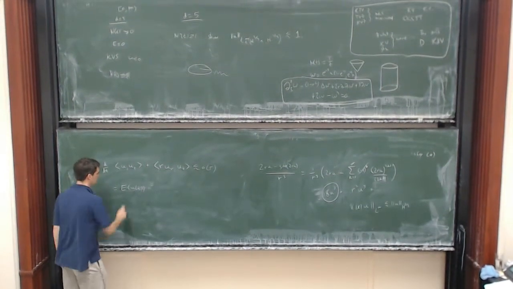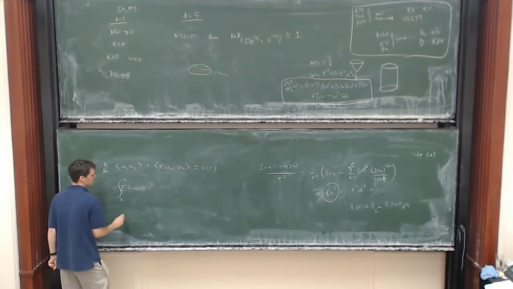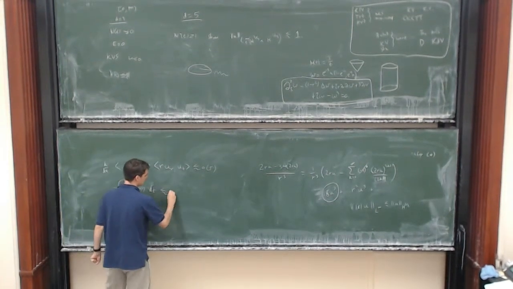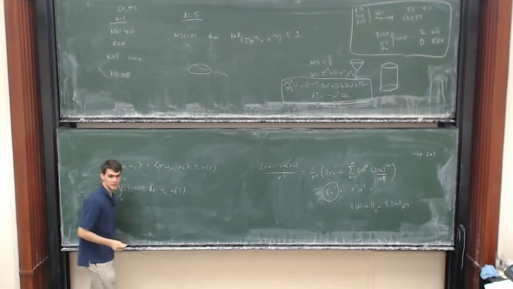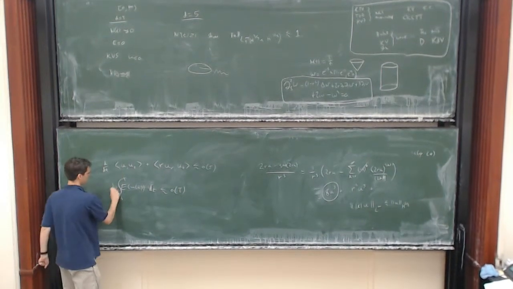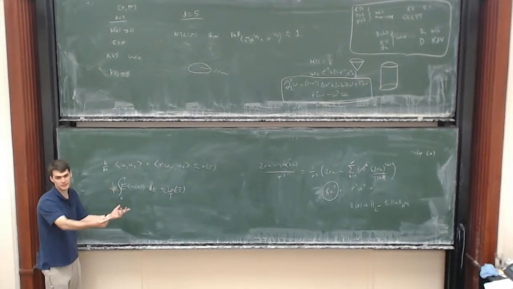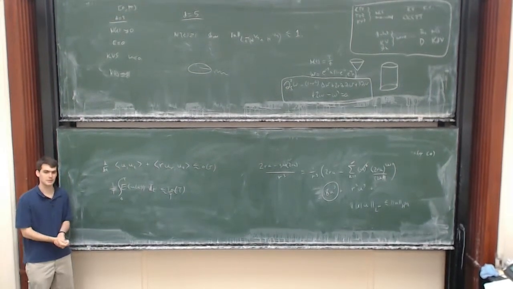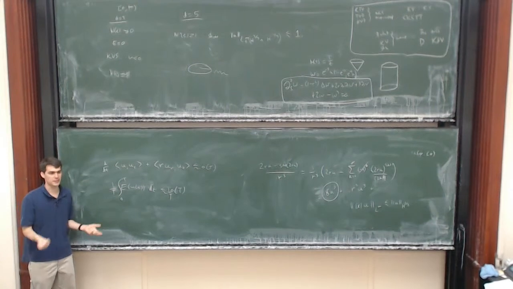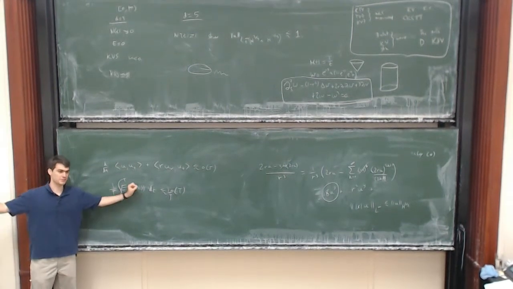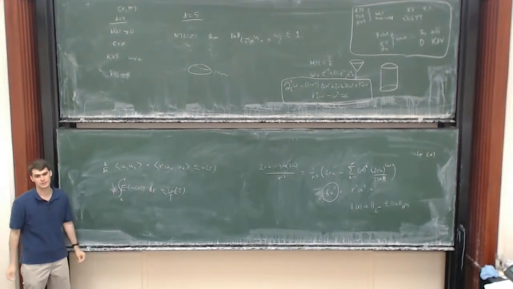So the integral from 0 to t of this is bounded by little o of t, and the average of your energy goes to 0. Well, energy is conserved, so energy has to be 0. And if energy is 0 and you have a solution that's global in one time direction, it must be u equals 0.